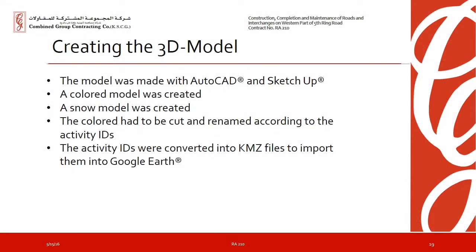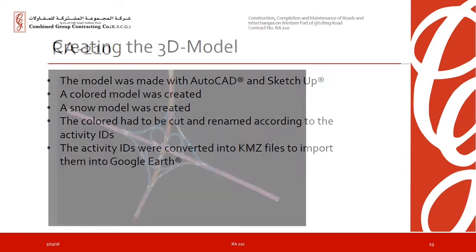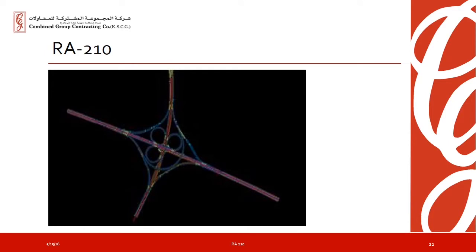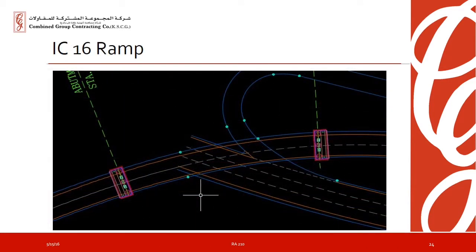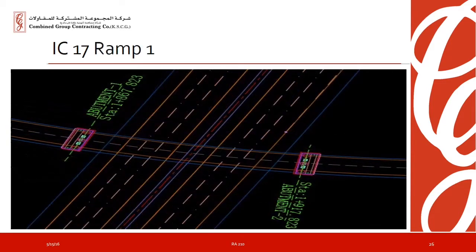Basically they started with AutoCAD drawings and exported them into SketchUp, a 3D program. They created an accurate 3D presentation of the project based on the 2D AutoCAD drawings. The 2D AutoCAD drawings were imported into SketchUp, and SketchUp extruded them into 3D using several techniques.